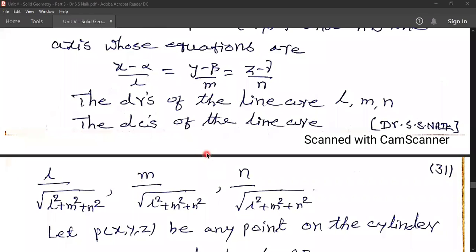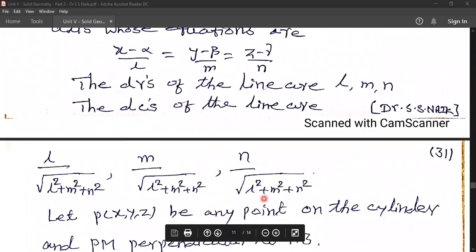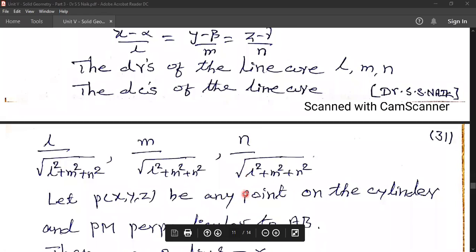Those values are L upon square root of L square plus M square plus N square, M upon square root of L square plus M square plus N square, and N upon square root of L square plus M square plus N square. So when the DRs are given, the DCs you can find just by taking the corresponding components divided by the root of L square plus M square plus N square.